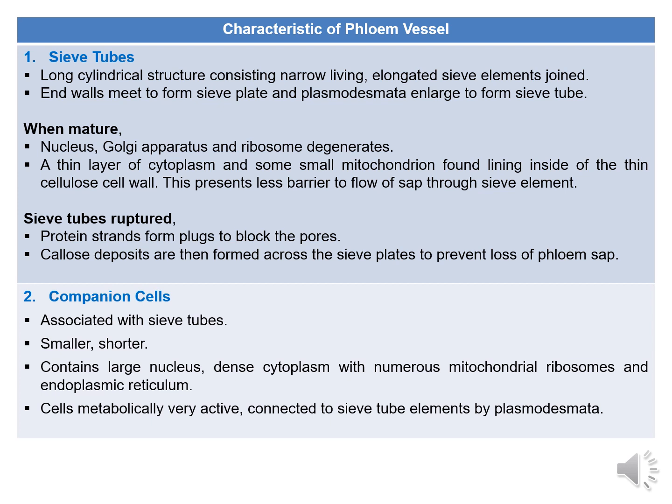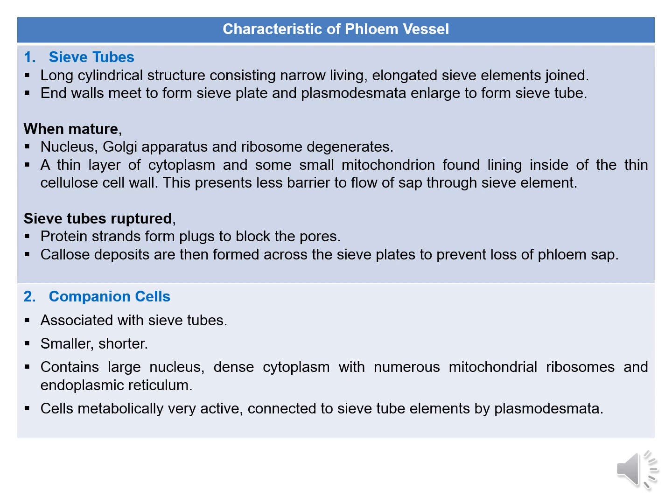Therefore, in nature, when the sieve tube ruptures, protein strands will form a plug to block the pore. Where do these protein strands come from? We know that phloem transports amino acids. It is a monomer, a building block of protein.